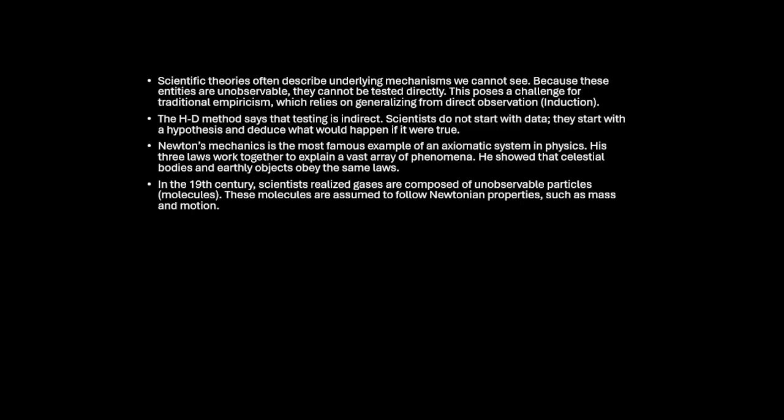So the new idea was that heating and cooling a gas can be understood as changes in these Newtonian properties of the molecules, especially their motion, as they collide with one another and with the walls of the container. Heat, for example, is the macroscopic reflection of molecular motion.